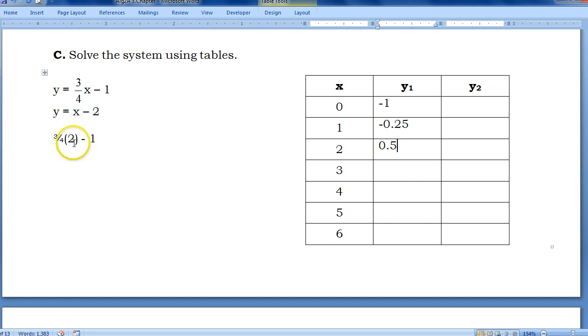And then we put a 3 into the equation, we put a 4 into the equation, we put a 5 into the equation, we put a 6 into the equation.